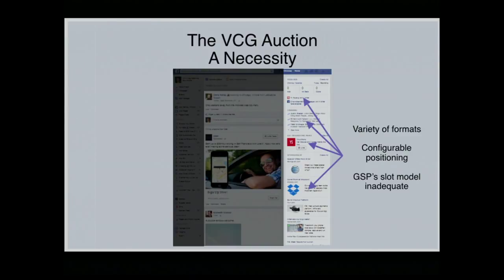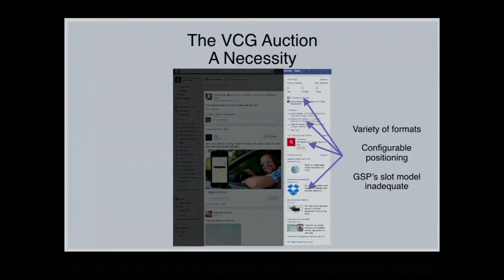For instance, we'll never show an ad, then a friend recommendation, and then an ad. If there's going to be a friend recommendation, we'll keep these things distinct: friend recommendations and then ads. So we don't have this model, even if we wanted to. It doesn't really fit into the GSP slot model.